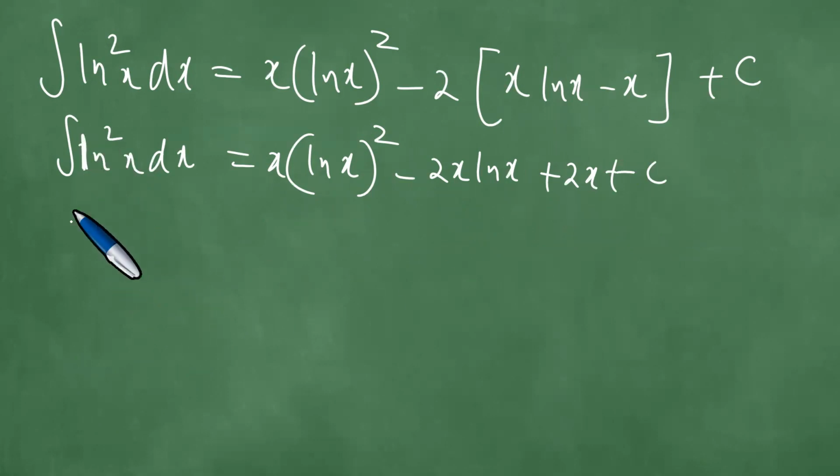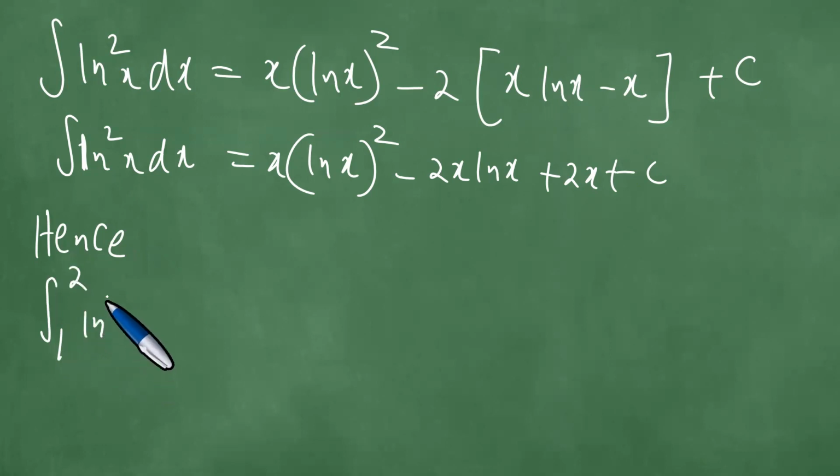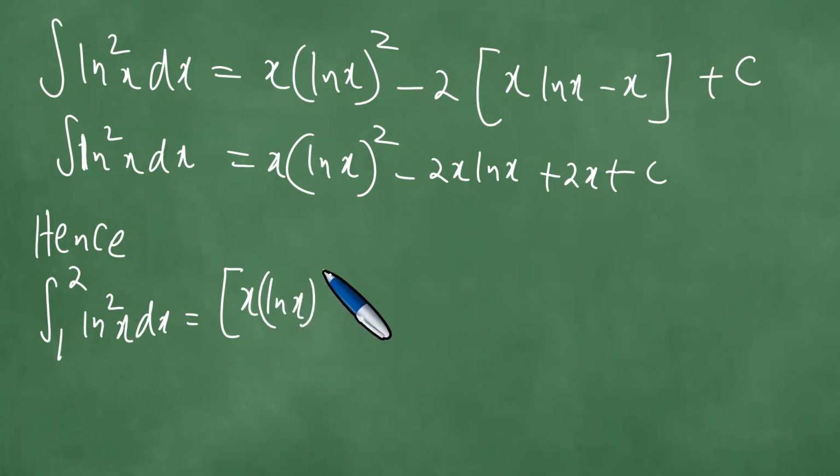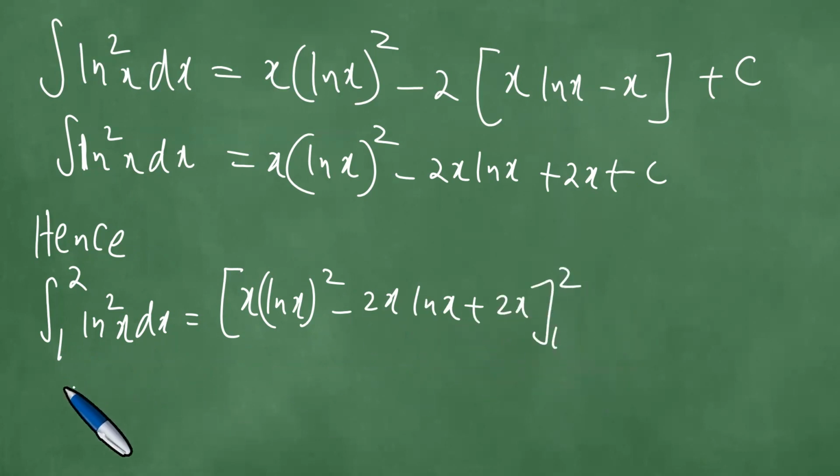Hence, if we perform the integral from 1 to 2 of ln squared x dx, you write the result after integration, plus twice x, and integrate from 1 to 2.